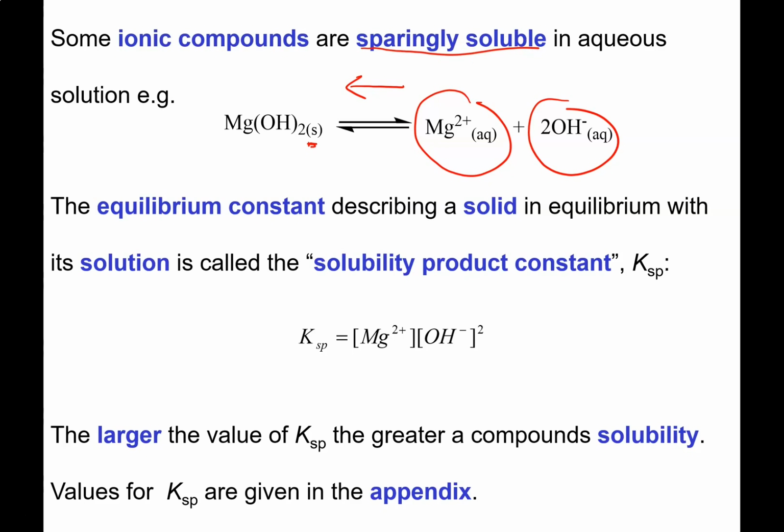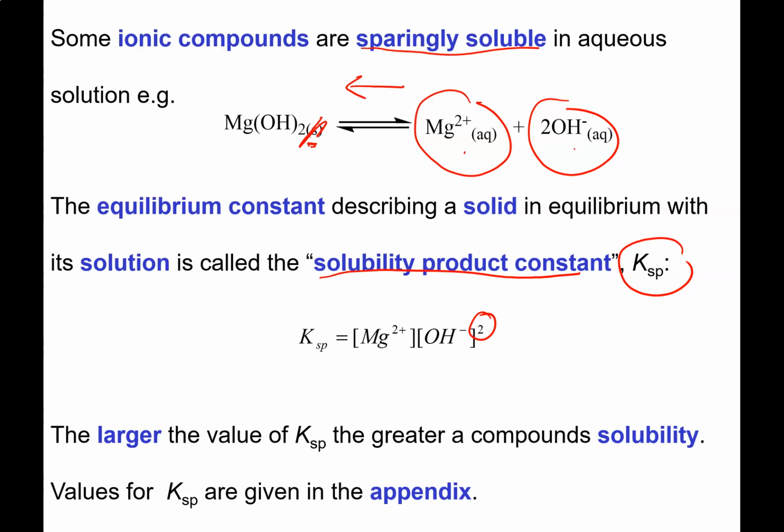So the equilibrium constant for a solid ionic compound in equilibrium with its solution is called the solubility product constant. Most people call it the Ksp. Because we don't include solids in the expression for an equilibrium constant, remember equilibrium constant is just products over reactants, it just becomes the product of the ion concentrations, and each of those ion concentrations is raised to the power of its stoichiometric coefficient.